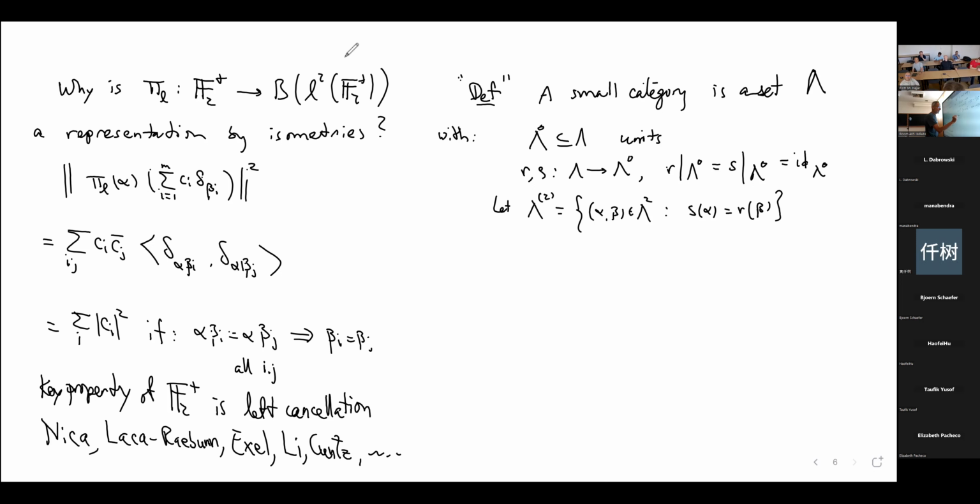And then we have a multiplication from the composable pairs to lambda. And of course, units multiply like units.